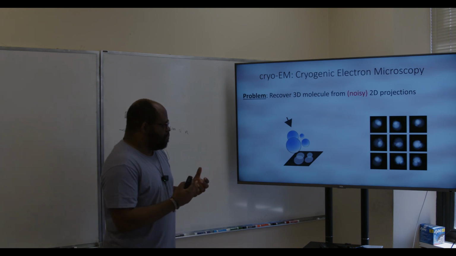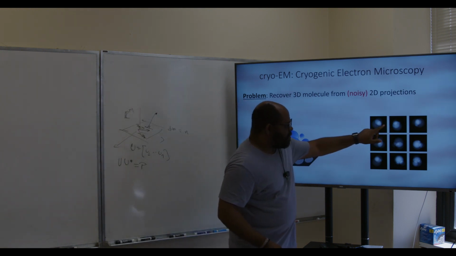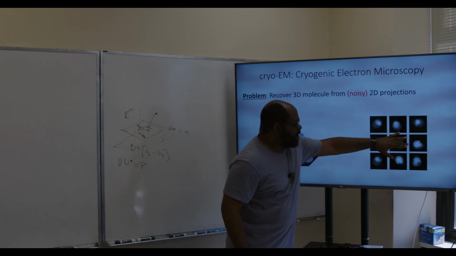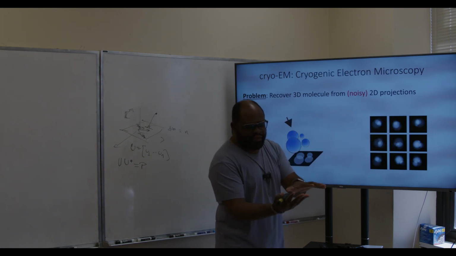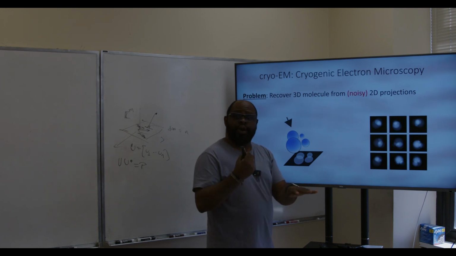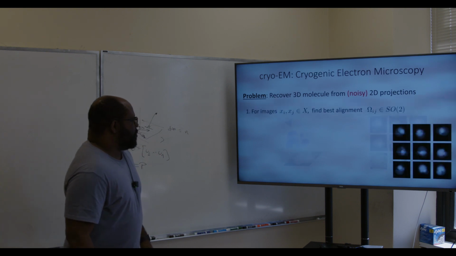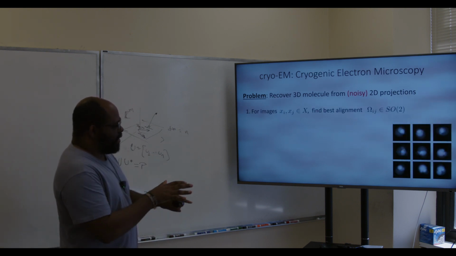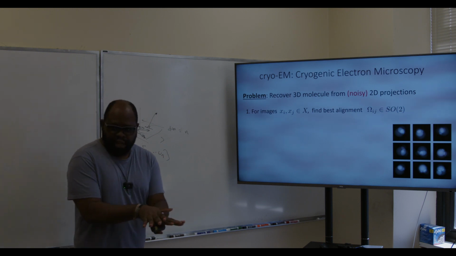What people typically do is, because the images are very, very noisy, they try to group together images that are similar and take an average in the hope of averaging out the noise. So that's the hope. For images xi and xj, they find the best alignment omega_ij, just a rotation.